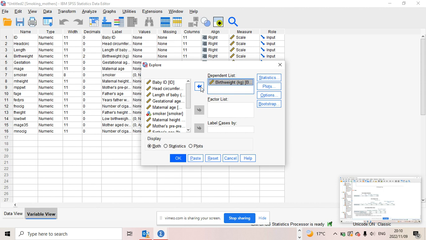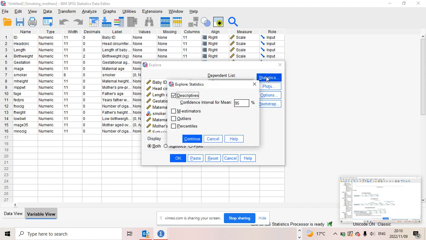Now we need to define and set certain parameters for what we want to achieve here. For the level of confidence, let's leave it at 95% confidence.